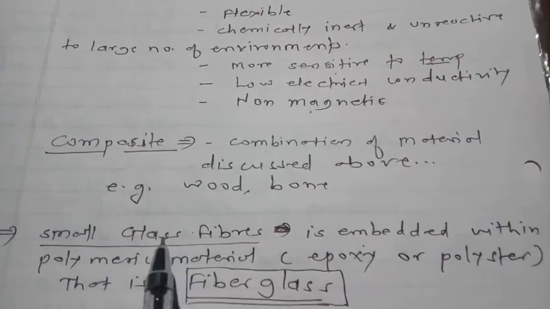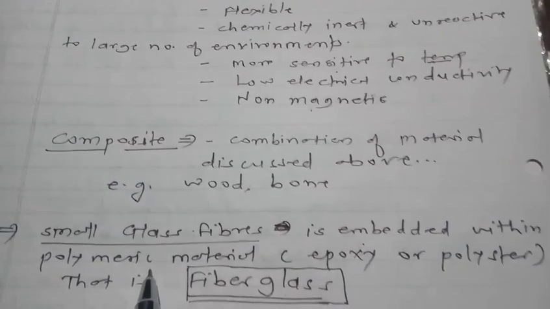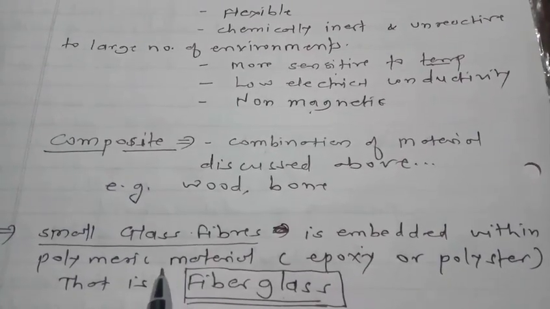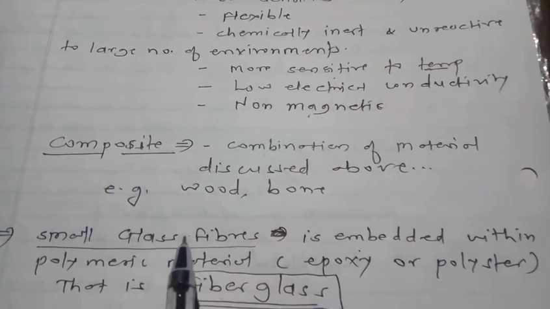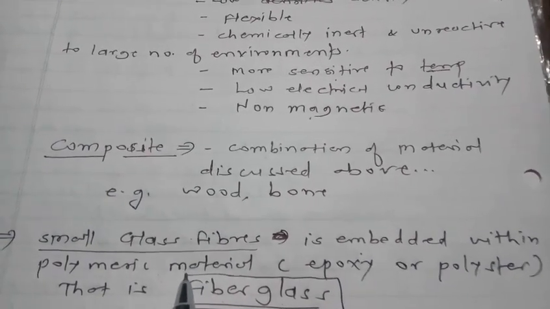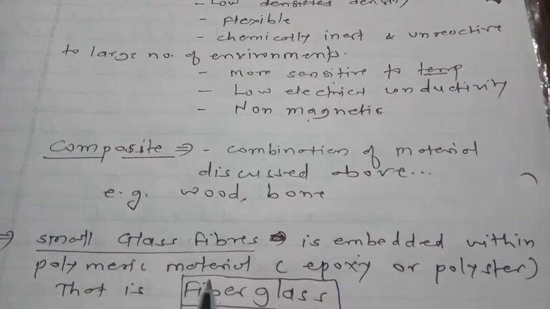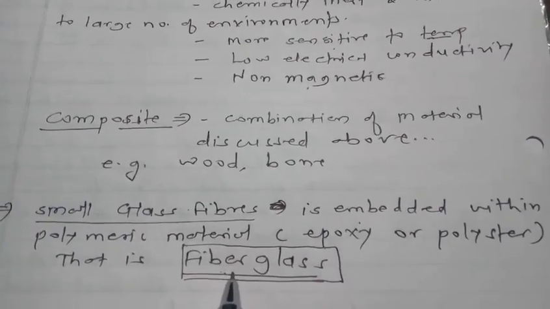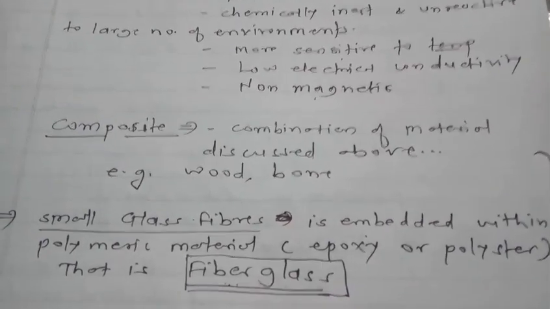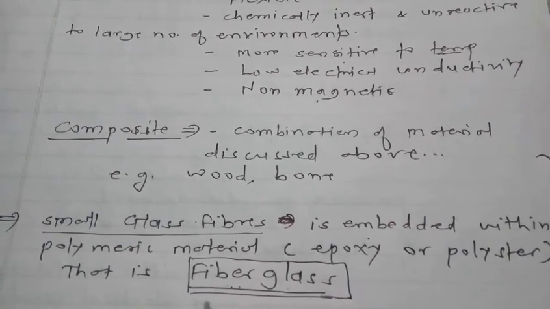So glass means ceramics, and polymers combine to form fiberglass. That is the composite property, meaning we get the better properties of these two materials combined in the material called fiberglass, right? So there are different types of composite materials.